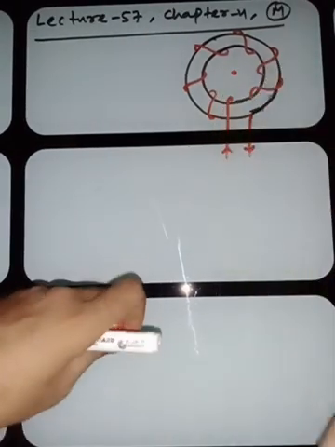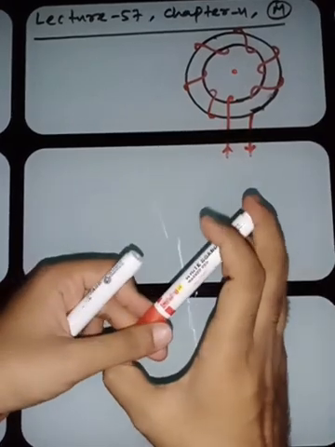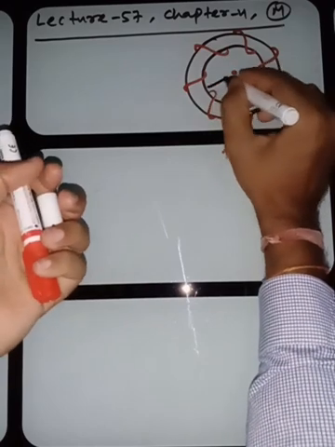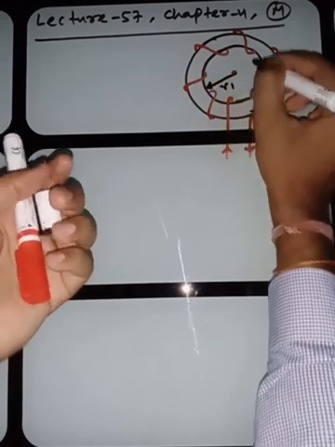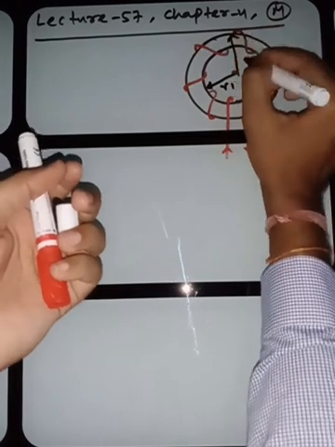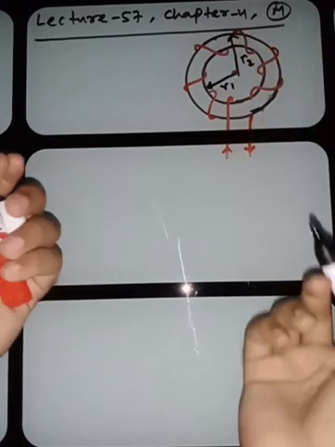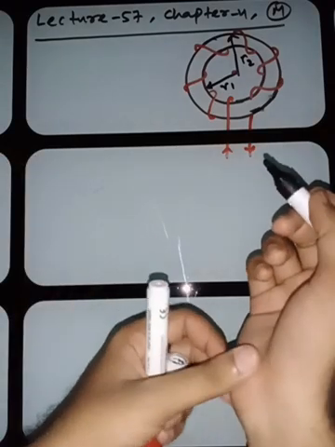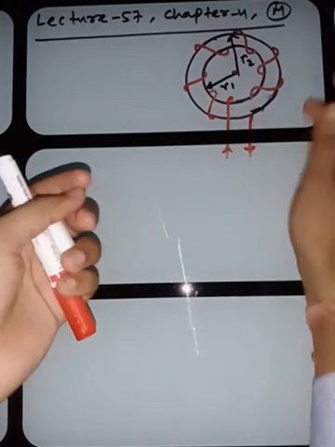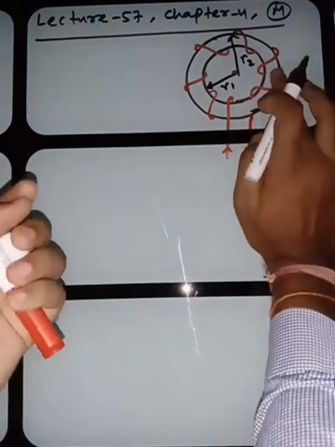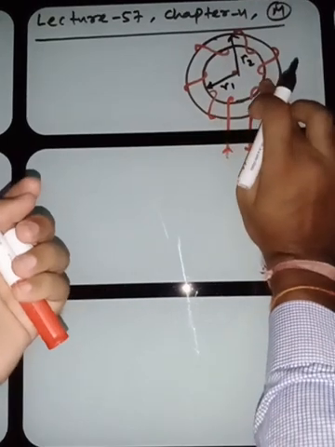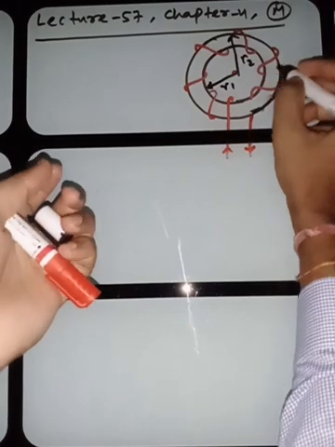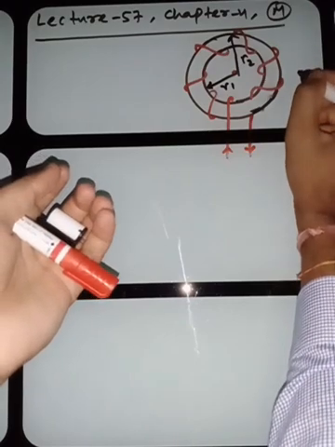Here, my dear student, the radius of the toroid is, suppose, R1 and R2. These are the radii. We wish to find the magnetic field outside the toroid, and in between the core of the toroid and the free space inside the toroid. So let me find the magnetic field over here.